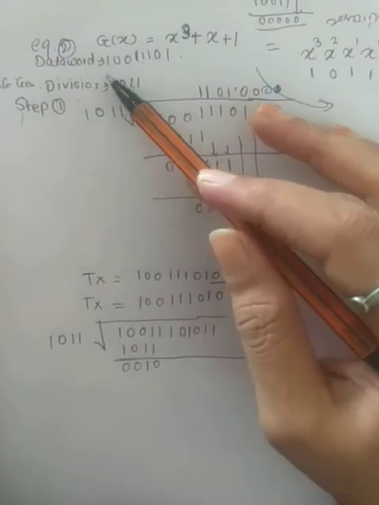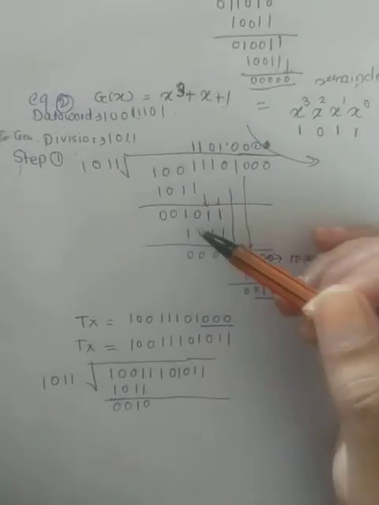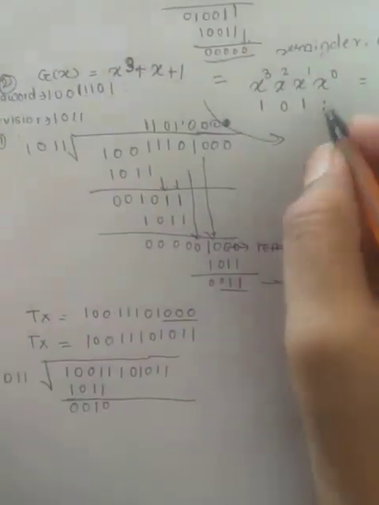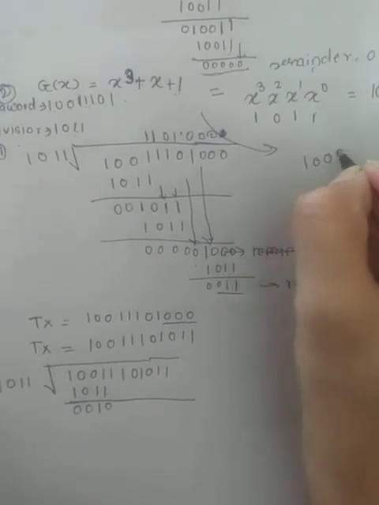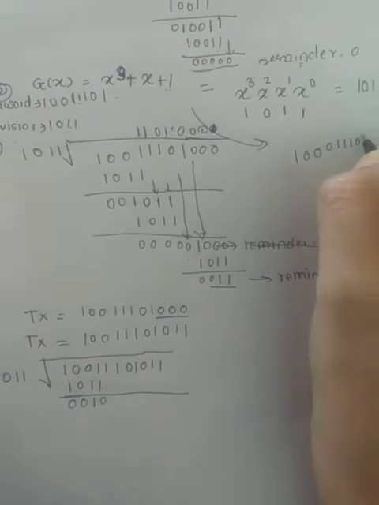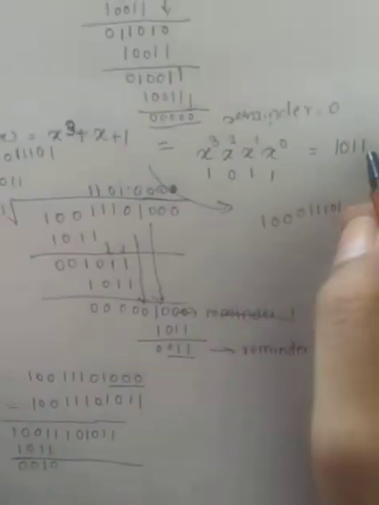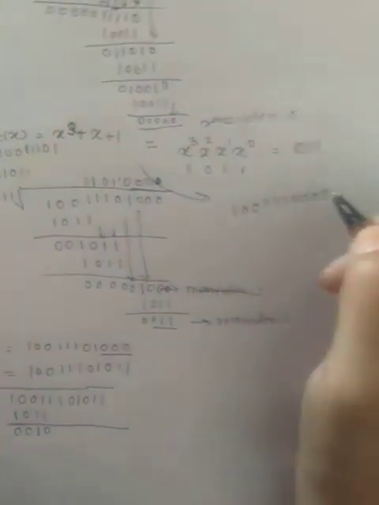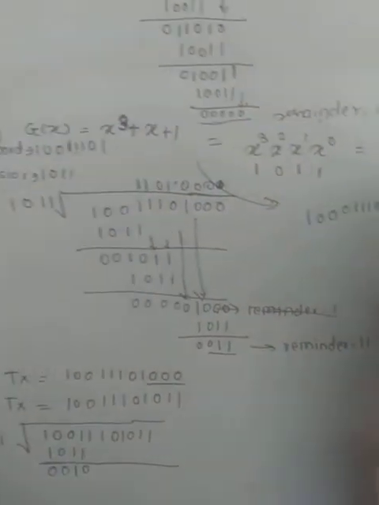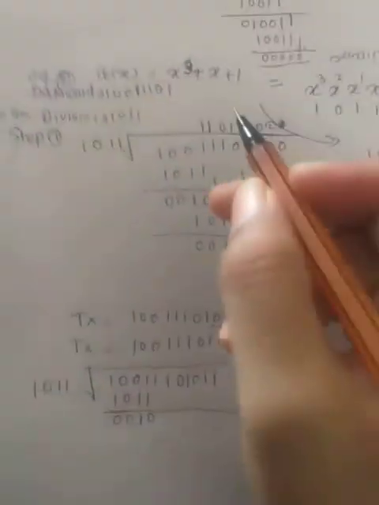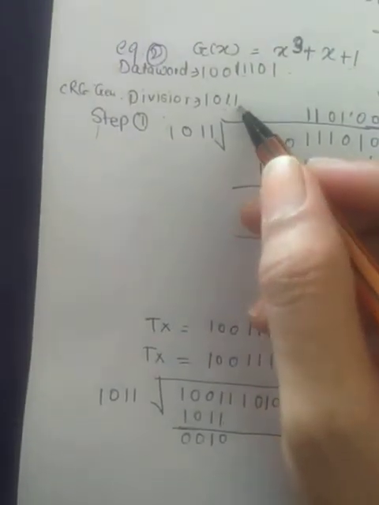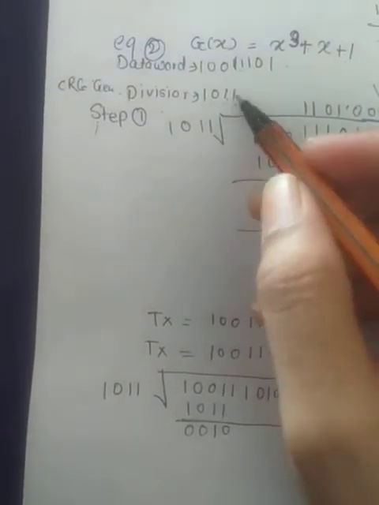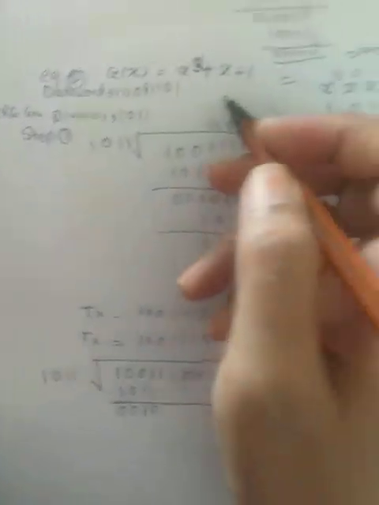Here the final transmitted data is obtained by appending 3 zeros, 100110101 000, because the divisor has 4 bits, so we append 1 bit less than the divisor's bit count of zeros.